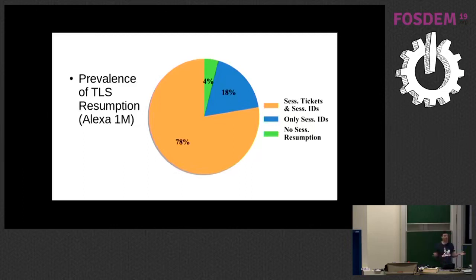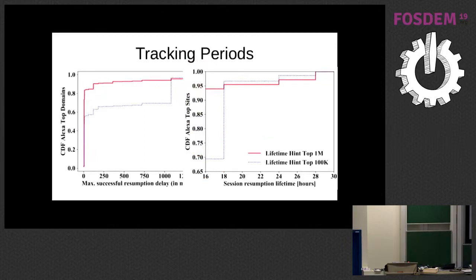And what does it even mean to track? How big of an issue is this tracking problem, say? We've measured for how long servers advertise that they can track you. This is my negative interpretation. Their interpretation is for how long this key is valid. And we have also measured how long clients actually reuse this token, this tracking cookie, if you want to call it that.